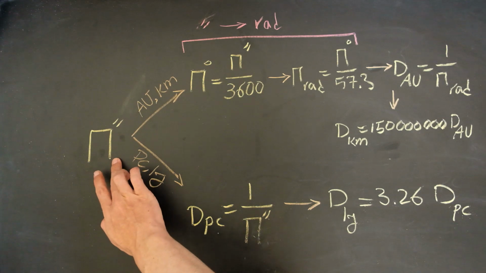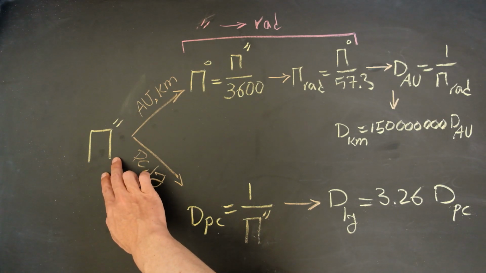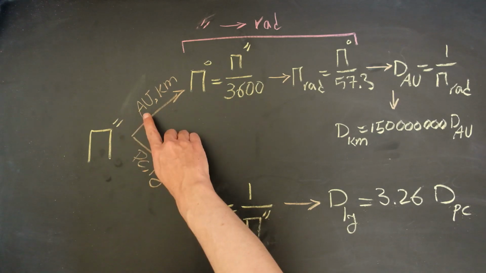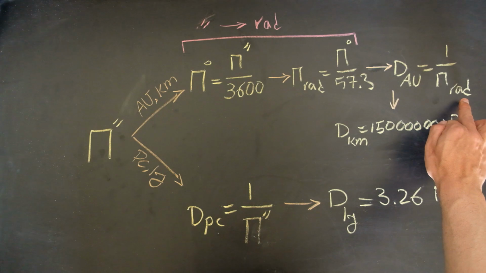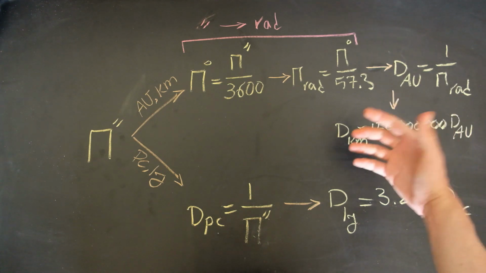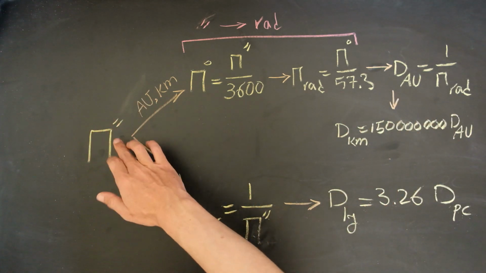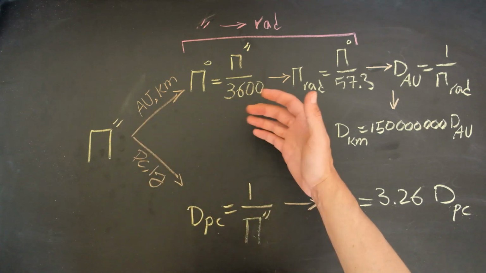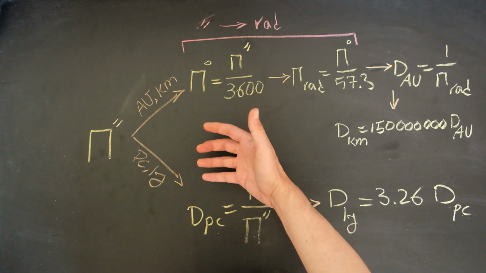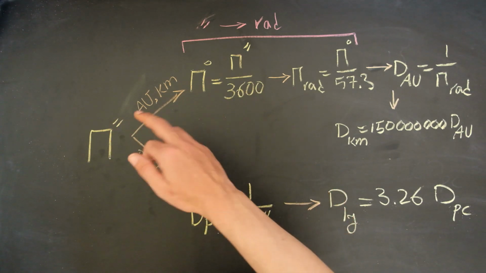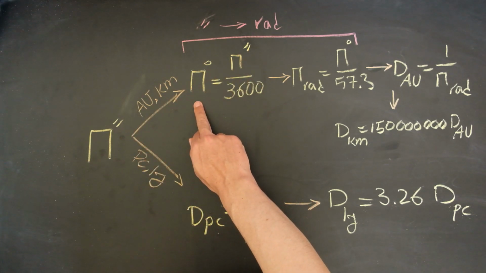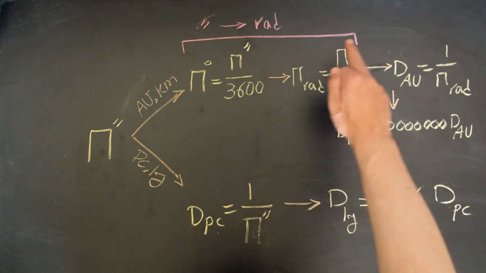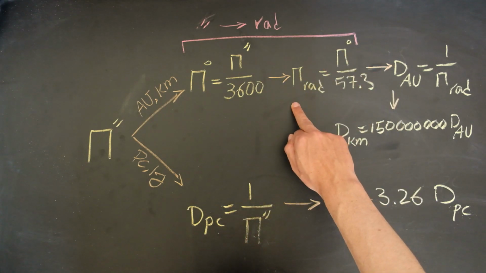So you start from parallax in arc second, whatever number you have in arc seconds. For AU and kilometer, you need parallax in radian. So first, you have to convert from arc seconds to radian. But there are 2 steps. First, you have to convert from arc seconds to degrees. Then you have to convert from degrees to radian.